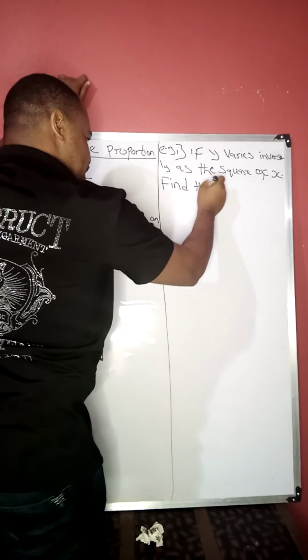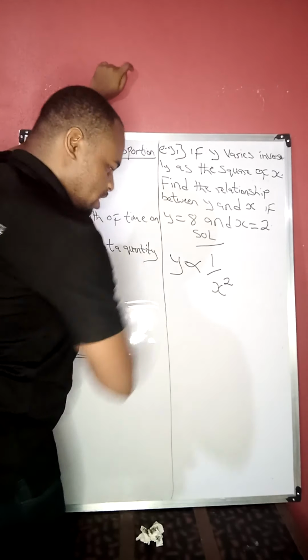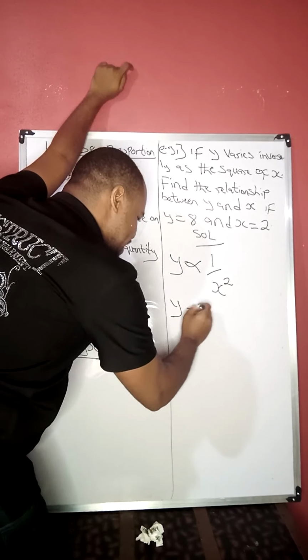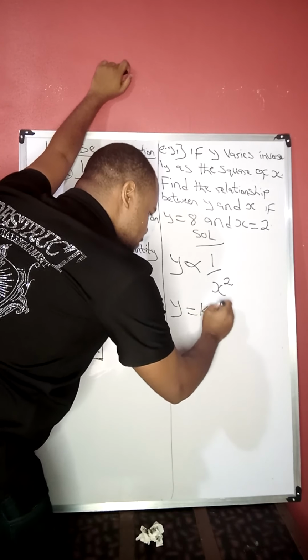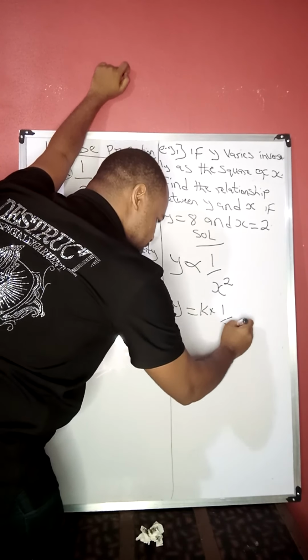They say we should find the relationship between y and x, and if y is equal to 8 and x is 2. So let's take away our variation sign. I'll be having y equal to k multiply by what? 1 over x squared. So I'll be having my y to be equal to k over what? X squared.